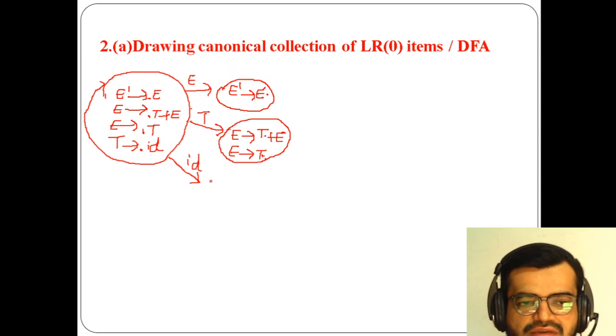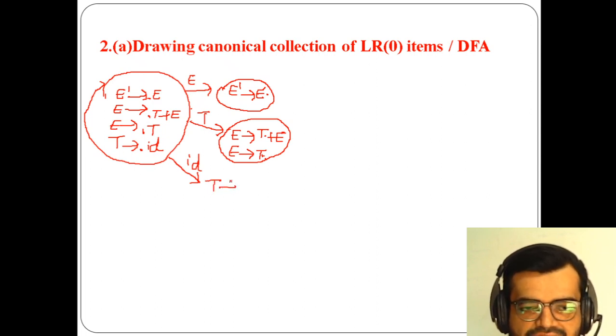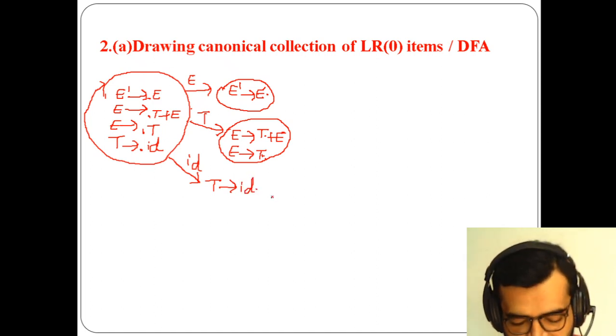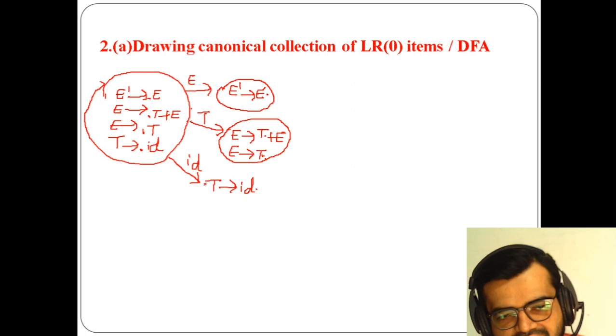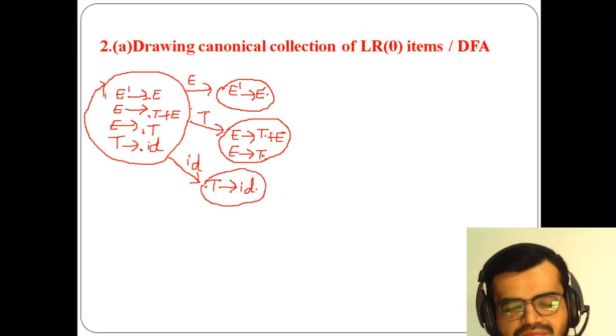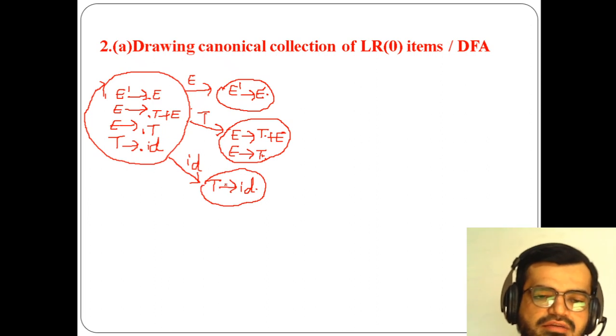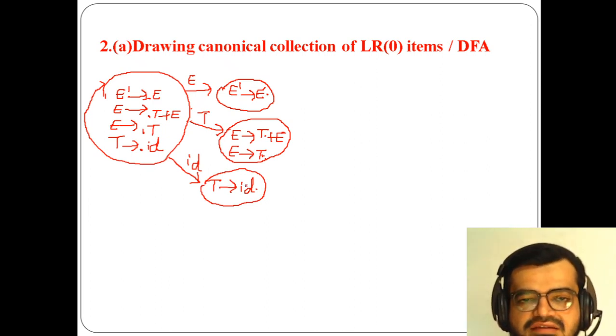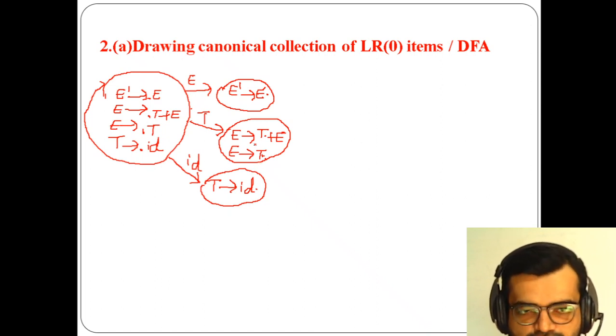When the dot moves in this production, the last production, T of ID dot. And this T of ID dot is the final state, because after the dot there is neither terminal nor non-terminal, so it is the final state. Remember, all the final states except the first state will be referred for reduce purposes, but we haven't completed so far.